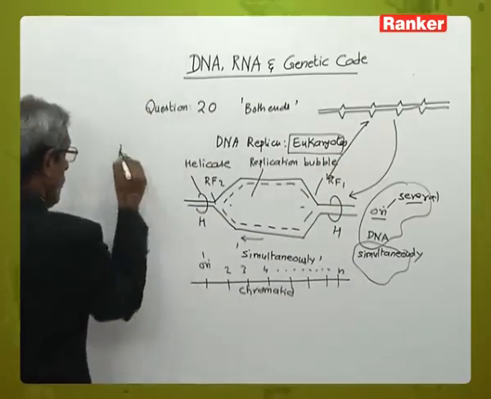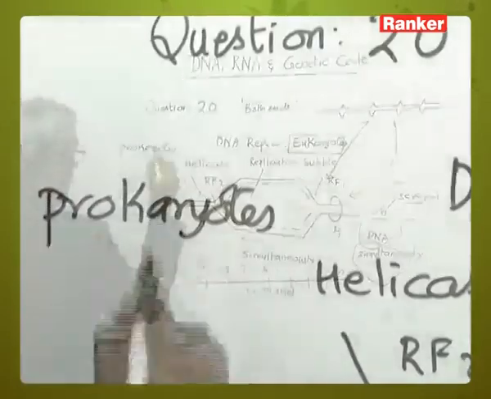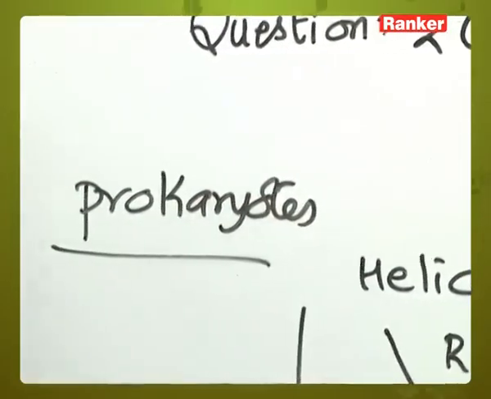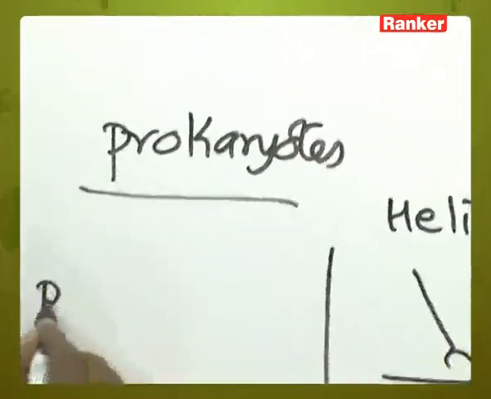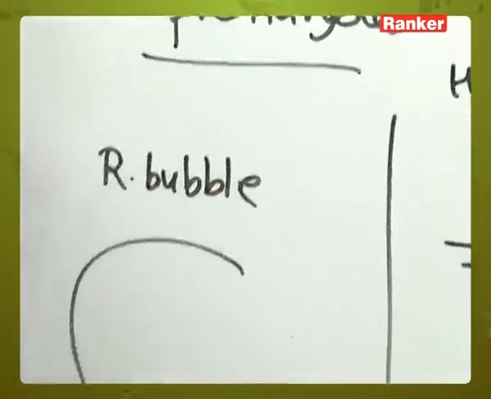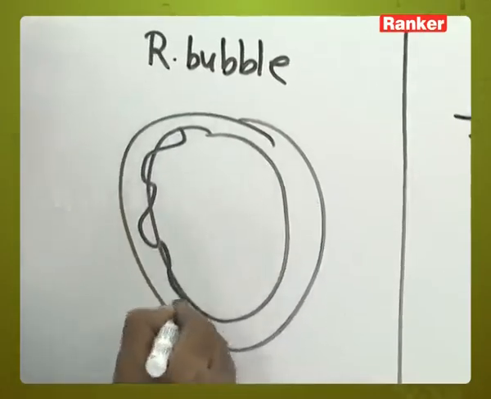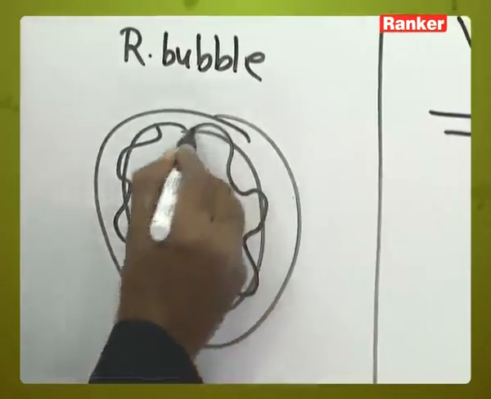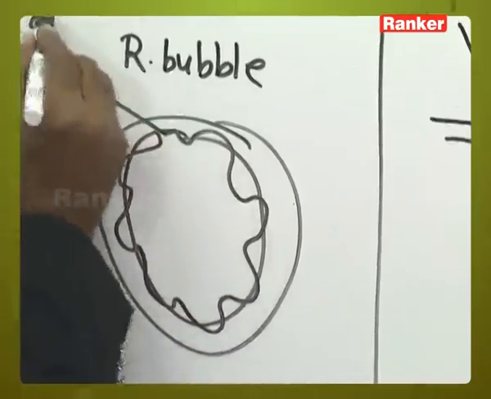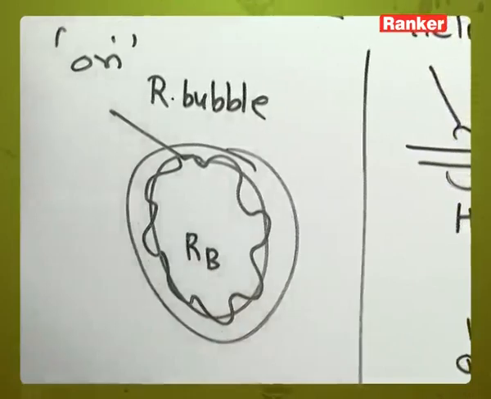Whereas when you take prokaryotes, in the case of the prokaryotes, you have only a replication bubble. It could have a single ORI, and this is called the replication bubble.